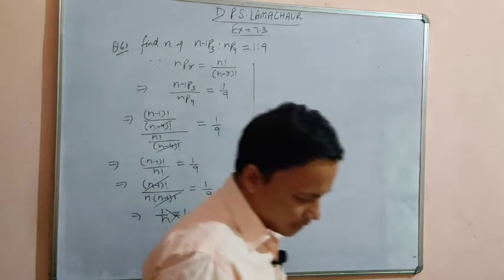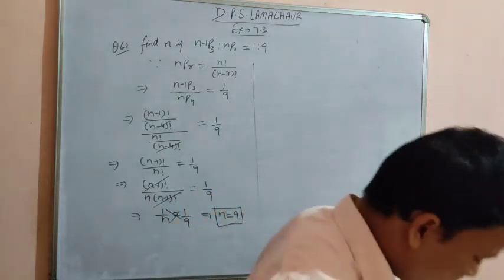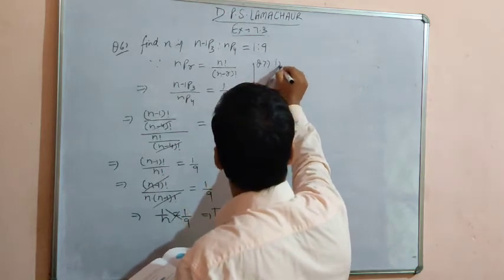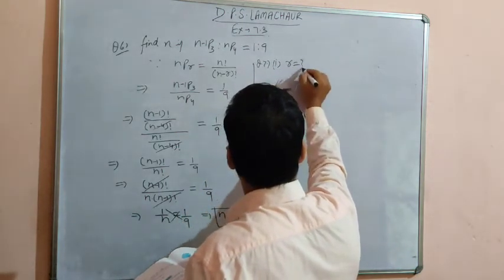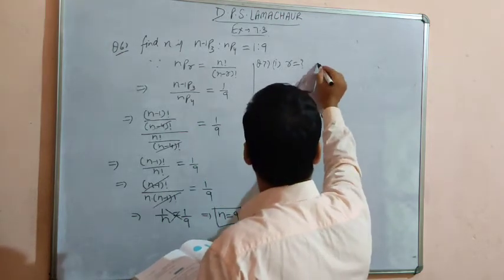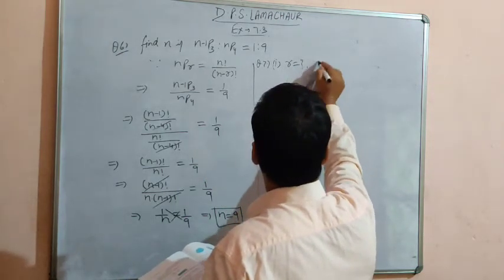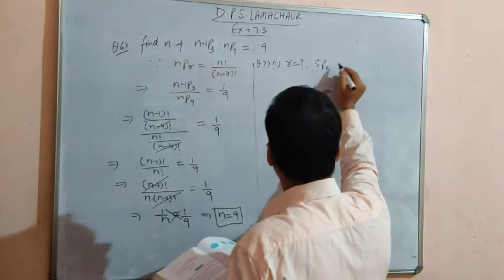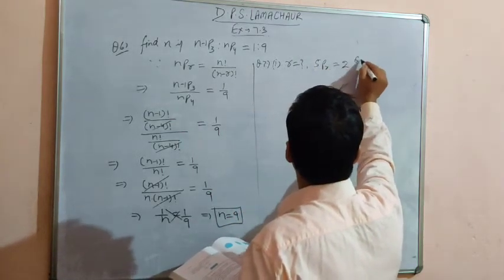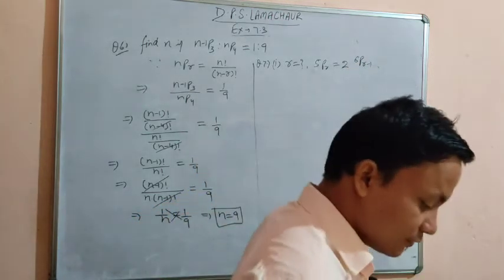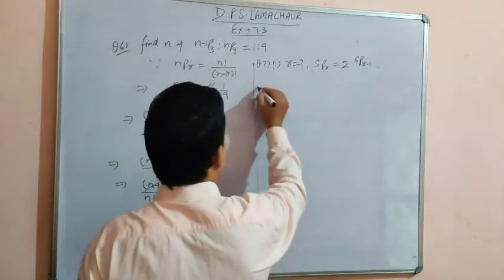Now question number 7, we have to find the value of r. It is given that 5Pr equals twice 6P(r-1). I am going to solve only one part, the second part you will solve yourself.